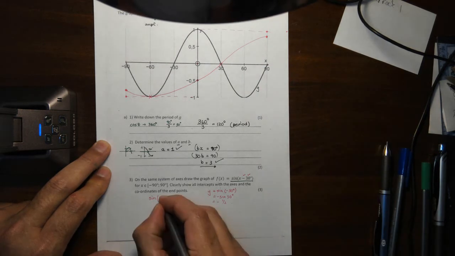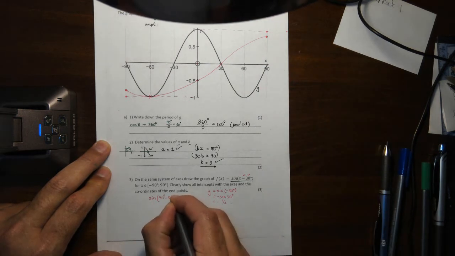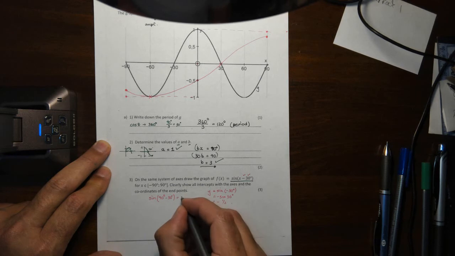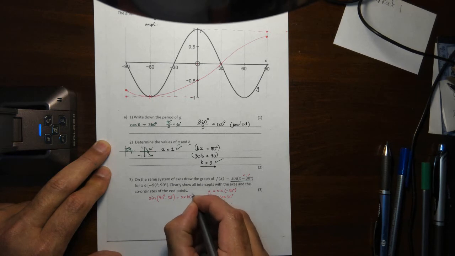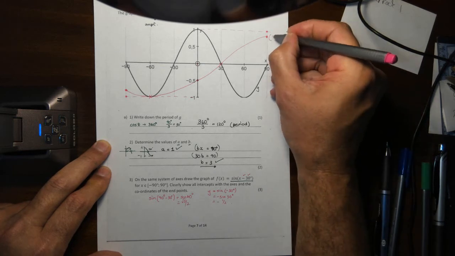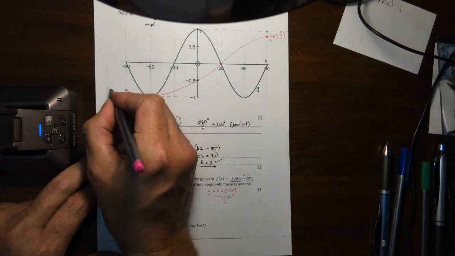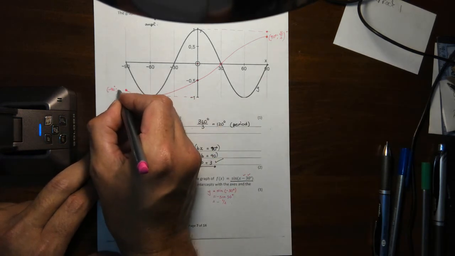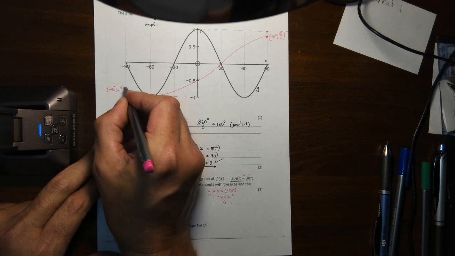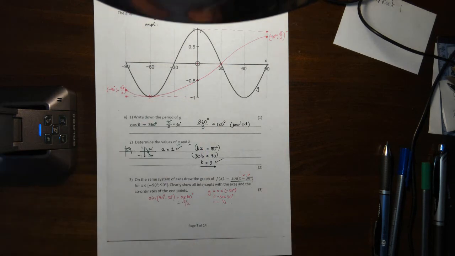So I get the sine of 90 minus 30, which is 60. The sine of 60 is root 3 over 2. So there's the point 90 and root 3 over 2, and this will be minus 90 and minus root 3 over 2, where it enters the domain.